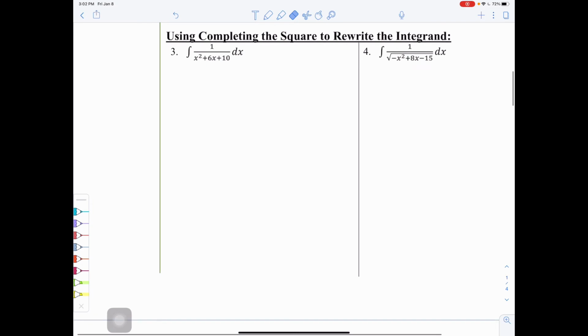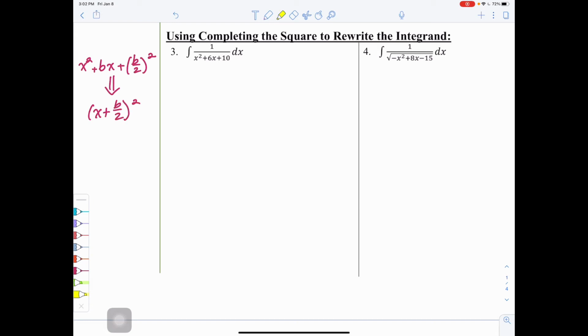Before I do so, I think it might be worth noting that x squared plus bx plus half of b squared is equal to x plus half of b all squared.